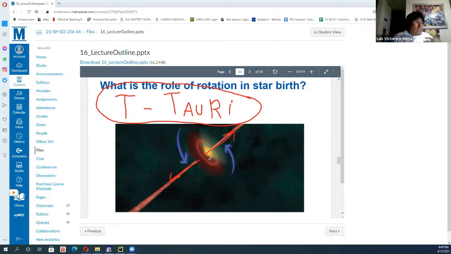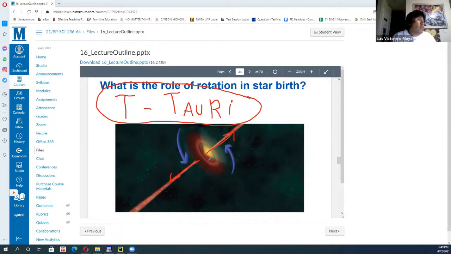And then it will take you to the last part of star birth, which is the formation of a star, like the sun. And then you have material surrounding it. That material can be used for what? For planetary formation.